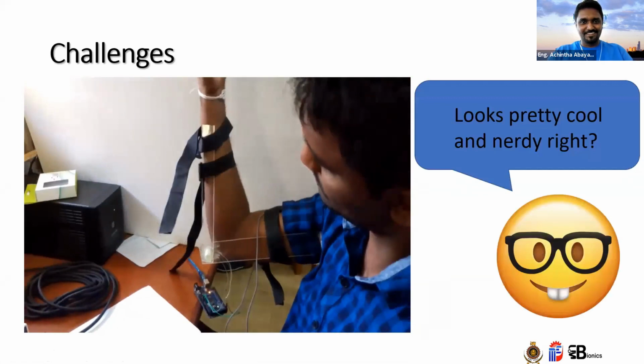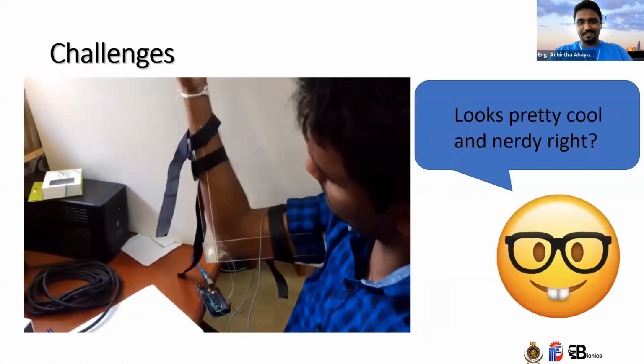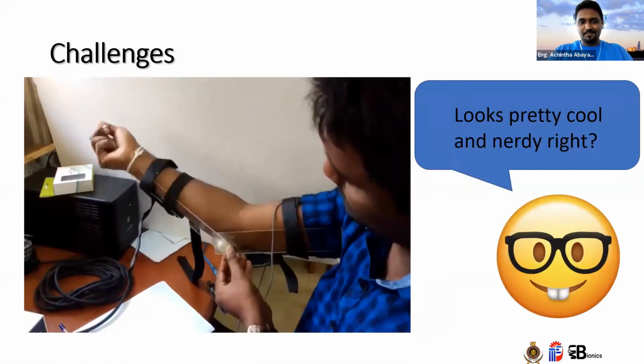So you could say it's pretty cool and nerdy, but we worked on this concept for almost a month, only to find that there's no relationship between the EMG signal and the joint angle.